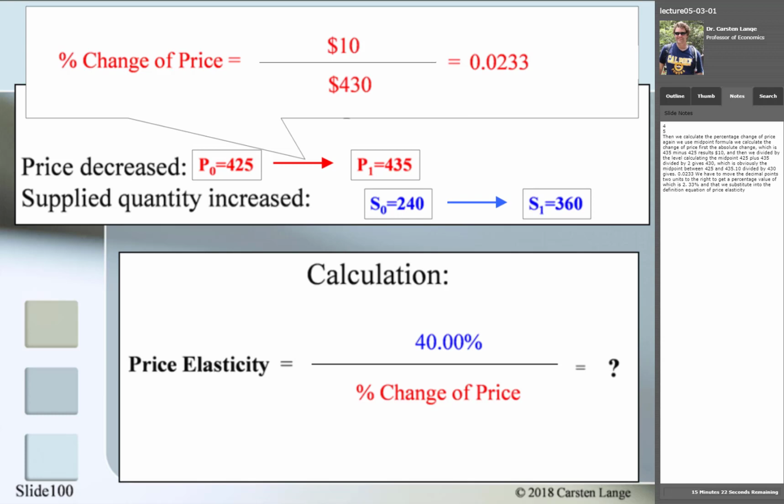We have to move the decimal point 2 units to the right to get a percentage value, which is 2.33%, and then we substitute into the definition equation of price elasticity.